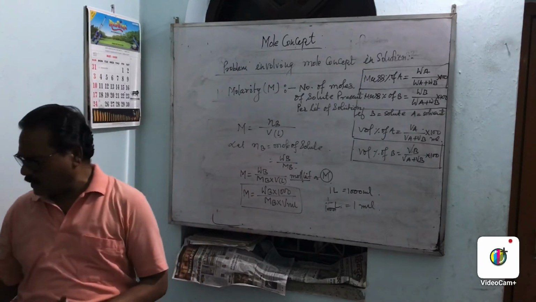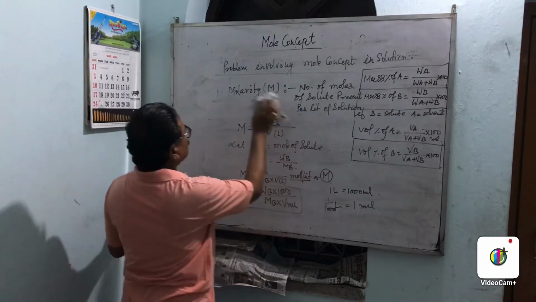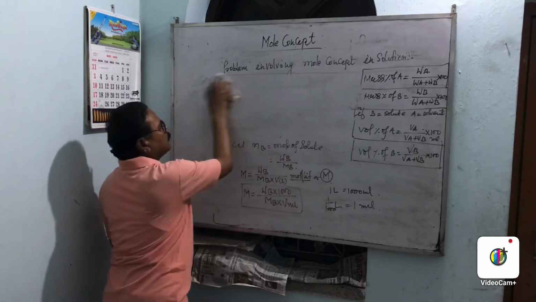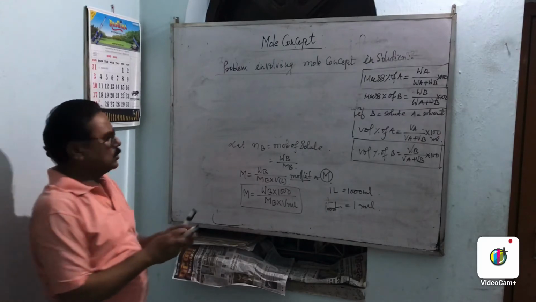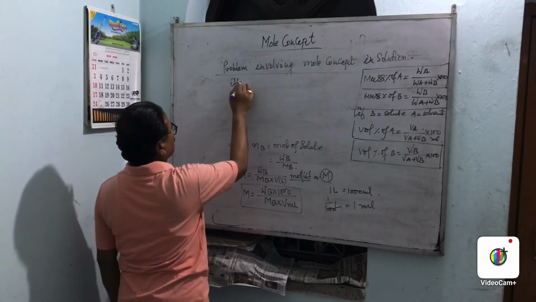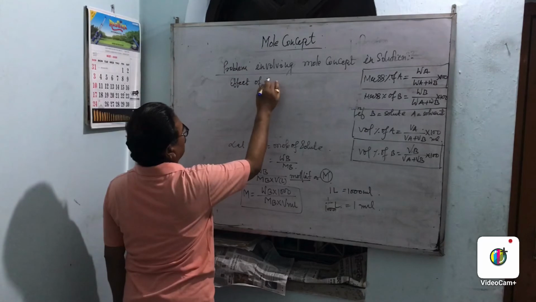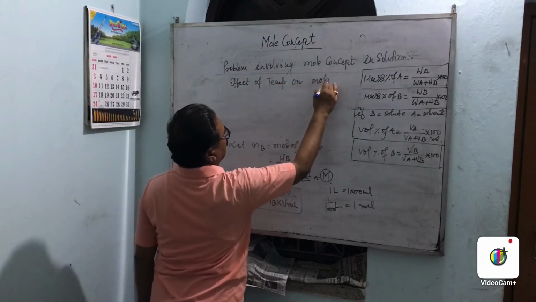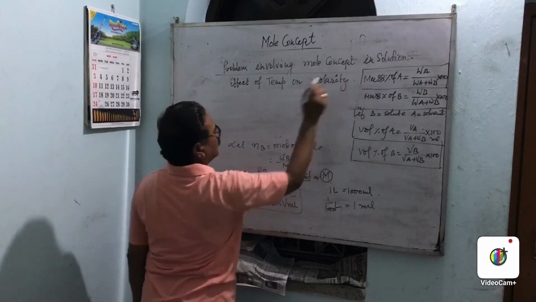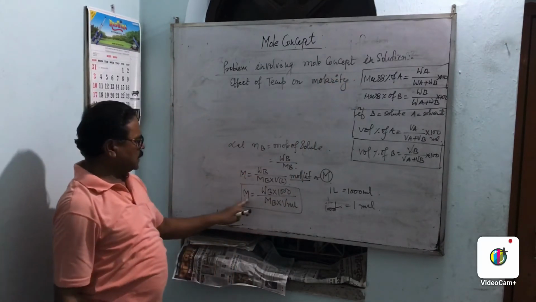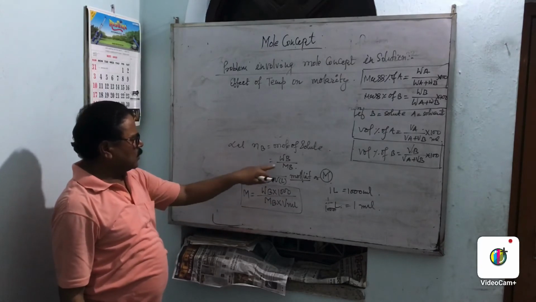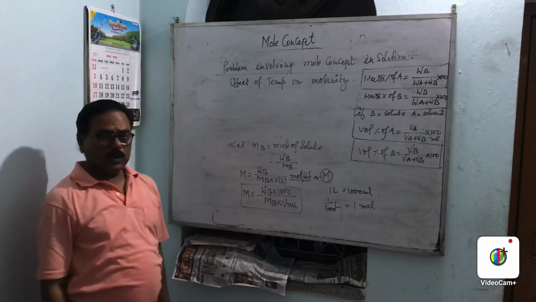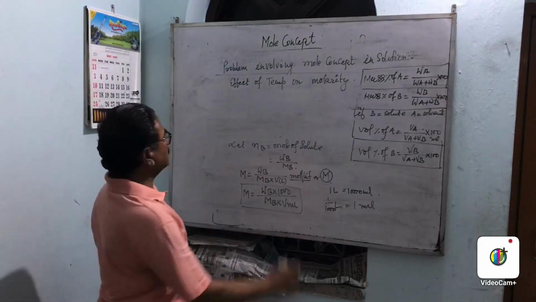Now one thing is asked here: what is the effect of temperature on molarity? We have the simple expression, M is equal to number of moles per liter. Now when we increase the temperature, T increases.